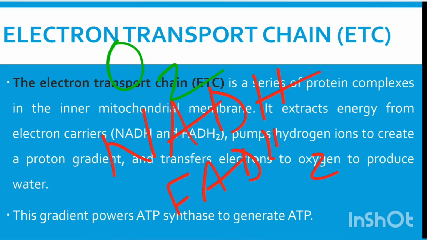So the whole process of ATP synthesis coupled to the respiratory electron transport chain is called oxidative phosphorylation. Where does this process take place? It takes place in the inner mitochondrial membrane and its cristae in mitochondria.